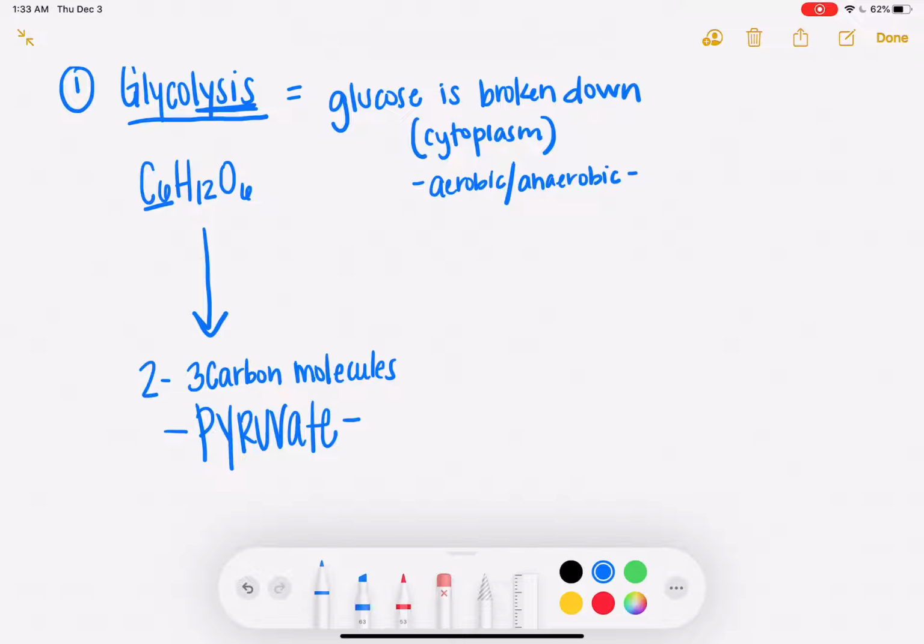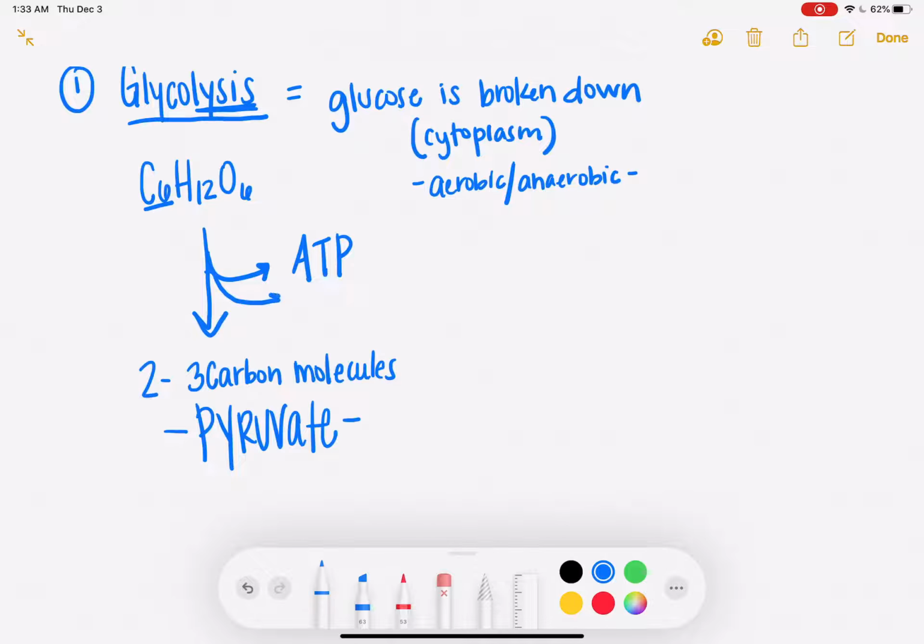Now, when we break down glucose, we talked about yesterday that you break a bond, you release energy. So in this process, we're releasing energy in the form of ATP. And when you break a bond, you also release the electrons that are held in that bond.